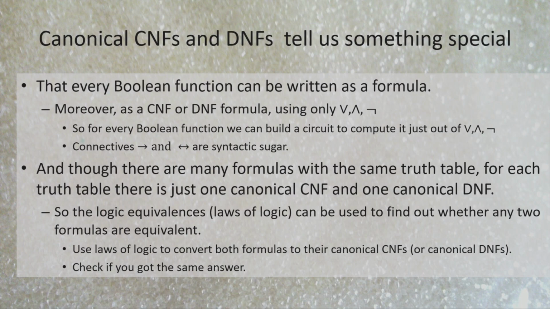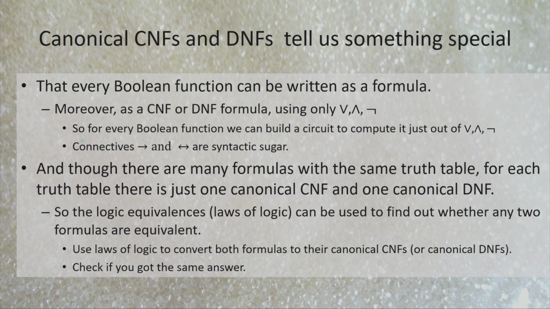another cool thing that comes out of the existence of canonical CNFs and DNFs is that you can actually prove that two formulas are equivalent to each other using just the laws of logic, the logic equivalences that you've seen at the beginning. Okay, how does it even come in?